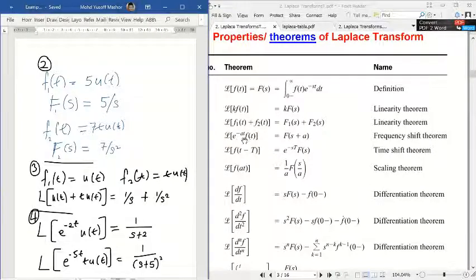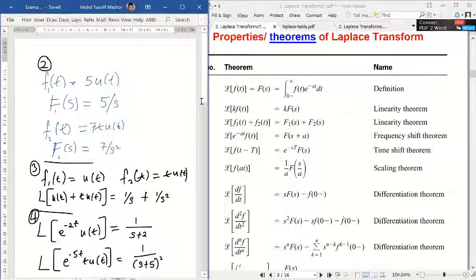The theorem says if you have a function in time domain and that function is multiplied by an exponential function like this, if you want to transform that into Laplace, you just take the original function and, in place of s, you replace it with s plus the power of this exponential, which in this case is a. So you have F(s plus a).